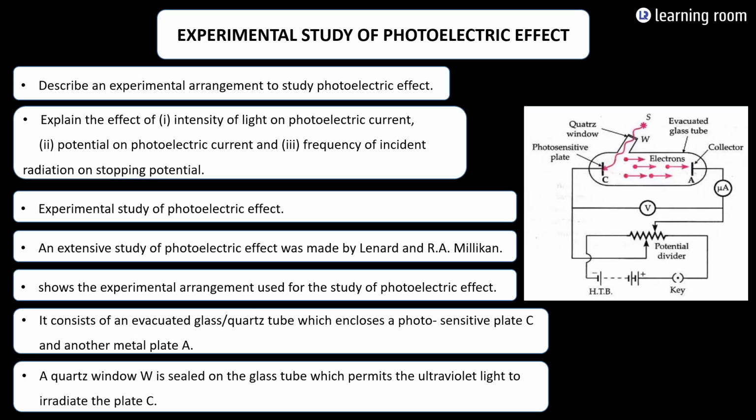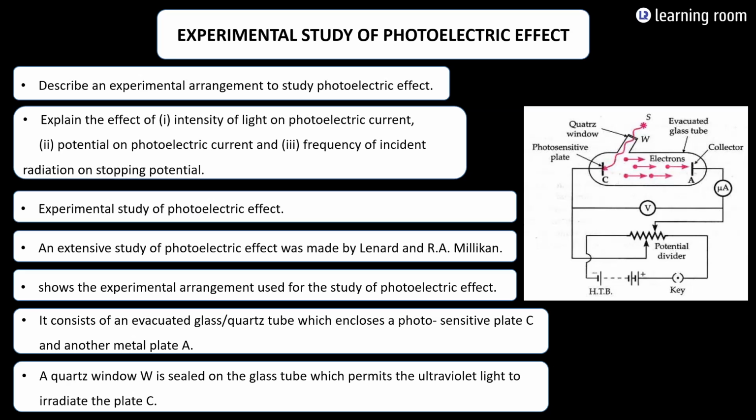You have a glass tube which is evacuated. Evacuated in the sense, it is vacuum. There are no air particles present in it. In this evacuated chamber, there are two plates connected. One is plate C and the other is plate A. C you can call the cathode and A the anode. Or you can say C is the emitter plate and A is the collector plate.